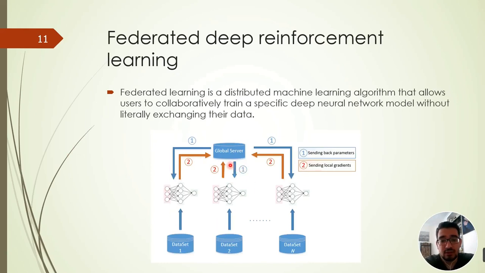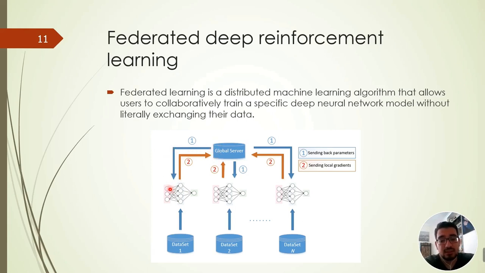This is a general federated learning training process involving n participants. Agents are training their models over their datasets independently. After each training episode, agents share their model parameters with other agents through the global server and download some parameters from the server.